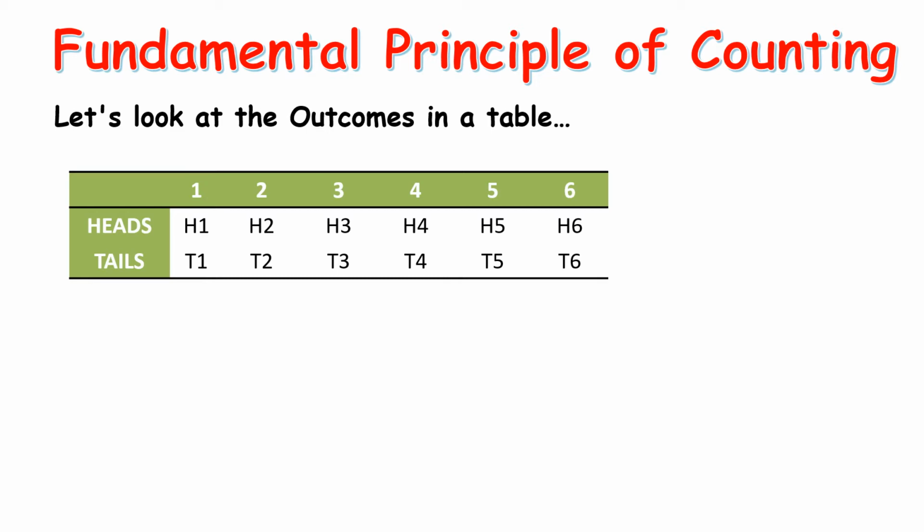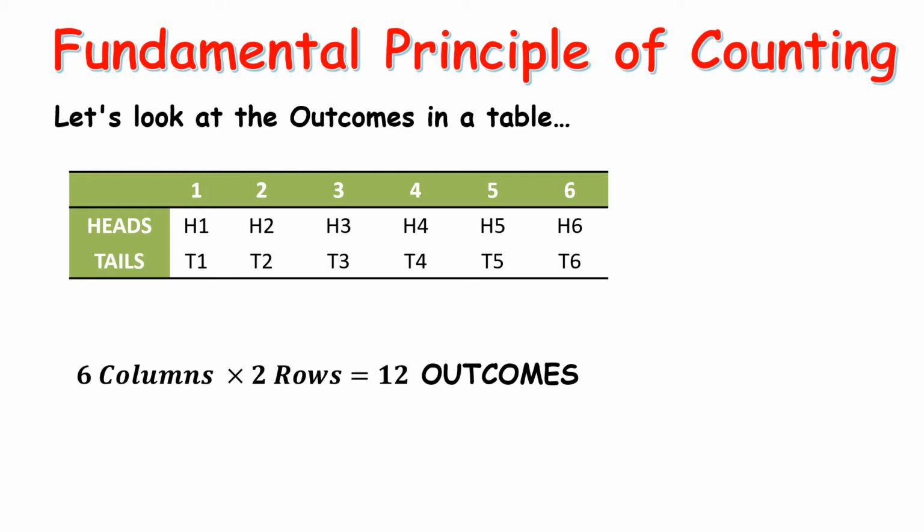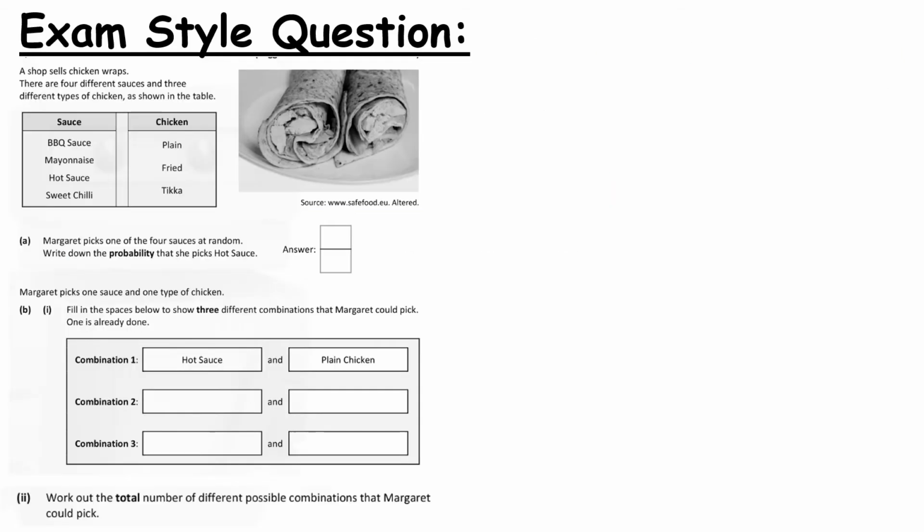Because of the way we have this table, it's 2 down and 6 across, so the number of outcomes inside of it will be 2 by 6, and that's where that multiplication comes from. So when we want to figure out the total number of outcomes of 2 or more events, we simply multiply the number of outcomes. Here we have 6 columns by 2 rows and we get 12 outcomes.